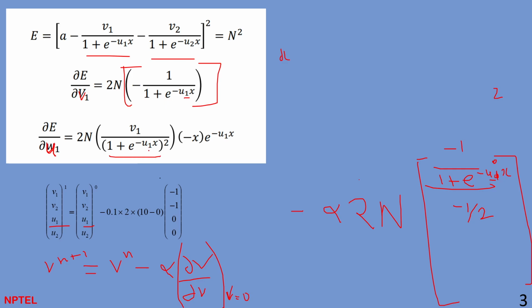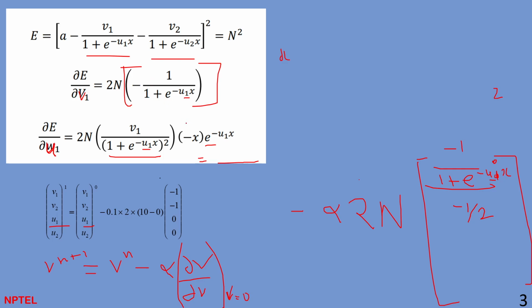And when you put this u1 as 0, what you will get, e to the power 0 is half, right?